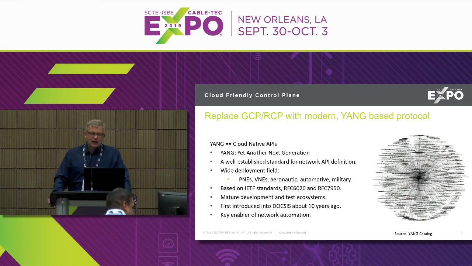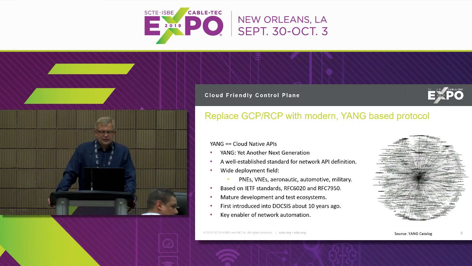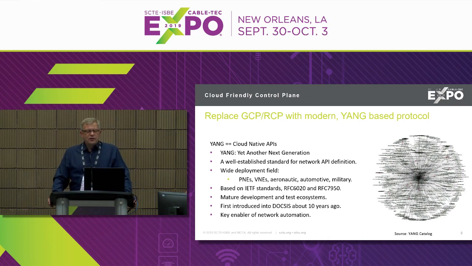YANG is based on IETF standards, RFCs 6020 and 7950. 7950 is actually called YANG version 1.1, and that's what's implemented in most applications right now. It's supported by a set of mature development and test ecosystems that can be easily integrated with cloud systems.